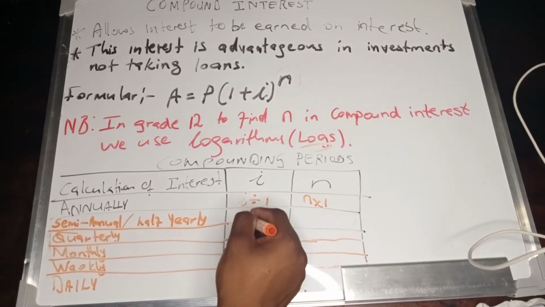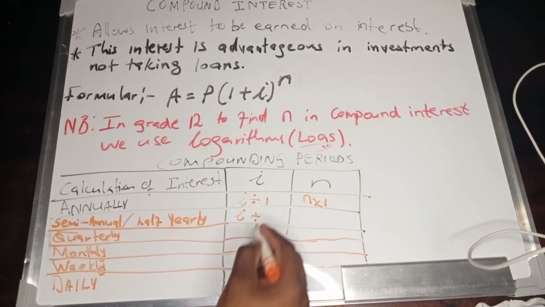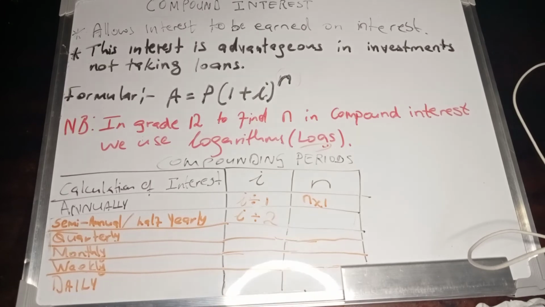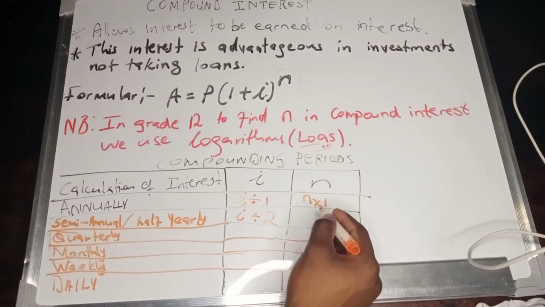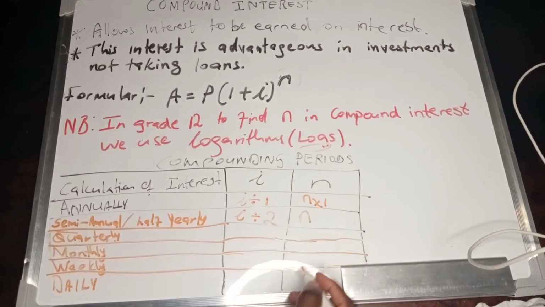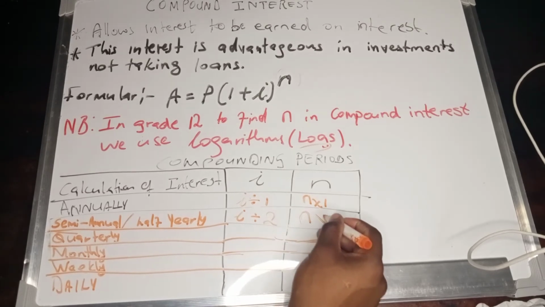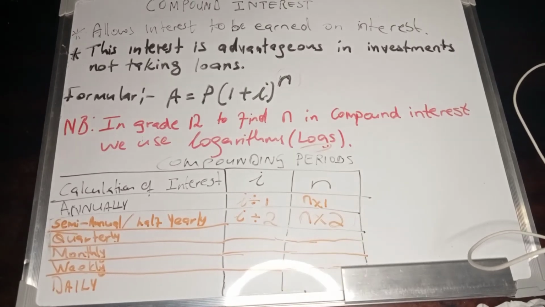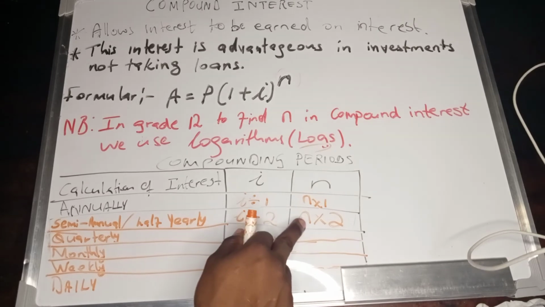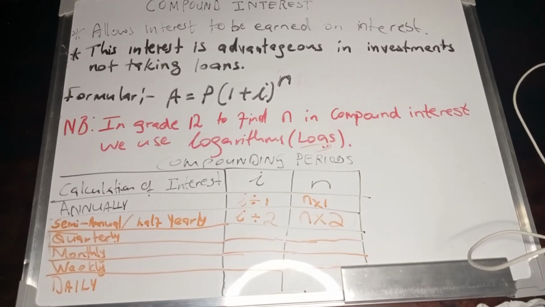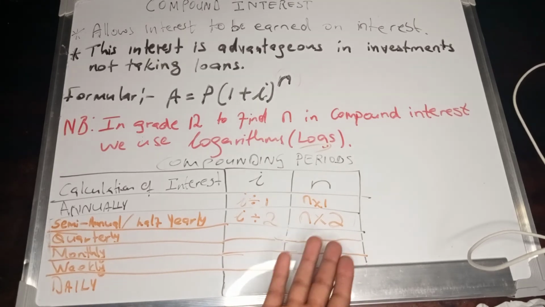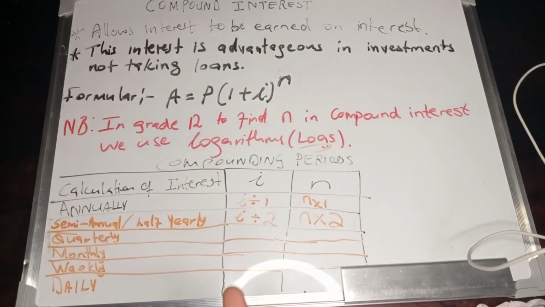Our I will be I divided by 2, and our n will be n multiplied by 2. Remember, n is the number of periods.